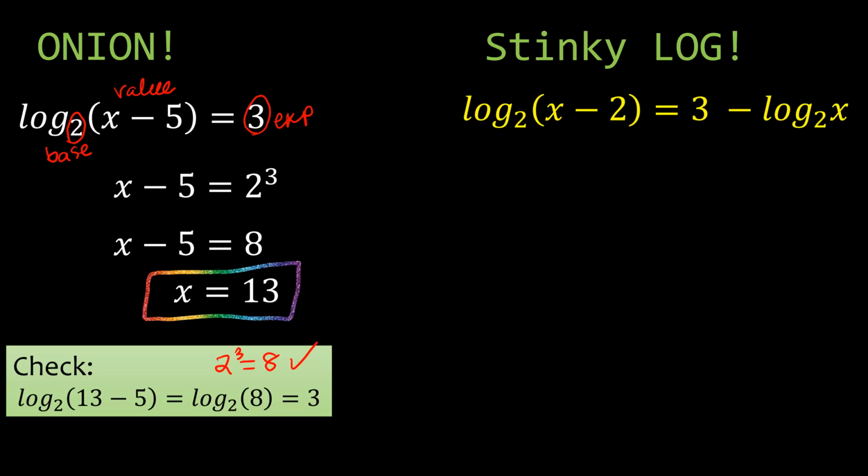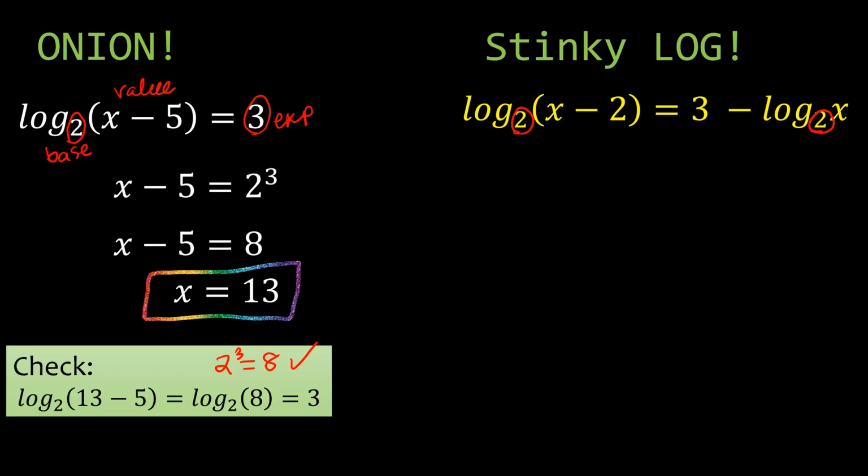Well, take a look here. We have log on the left hand side, we have log on the right hand side, and x is here, x is there. It is not an onion. Okay, so good thing though to notice that both of them have base 2, which is great because we can apply property of logs, right?